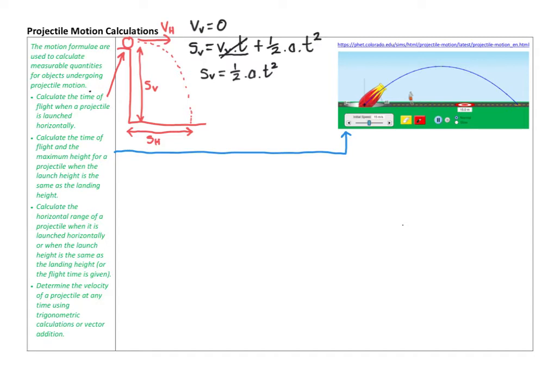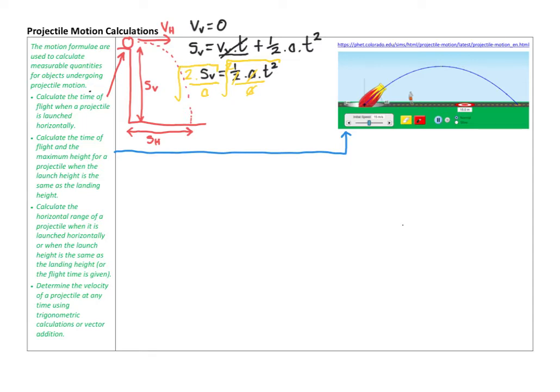So we've got to rearrange this formula. We've got a half here, so to get rid of the half, we multiply both sides by 2. That cancels. We've got an a on this side we want to get rid of, so we divide both sides by a. And we've got a t squared here, and the way to get rid of a t squared is to take the square root of both sides.